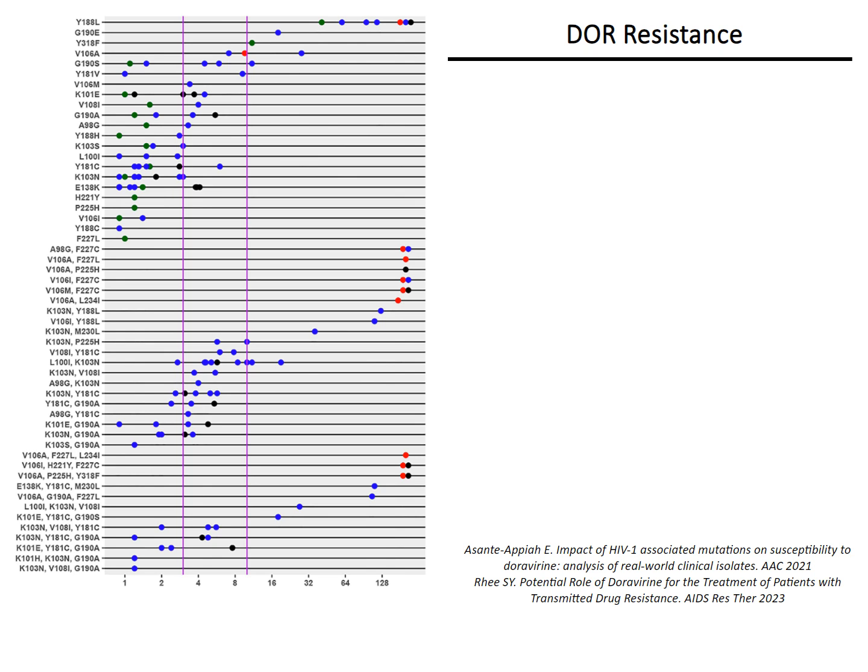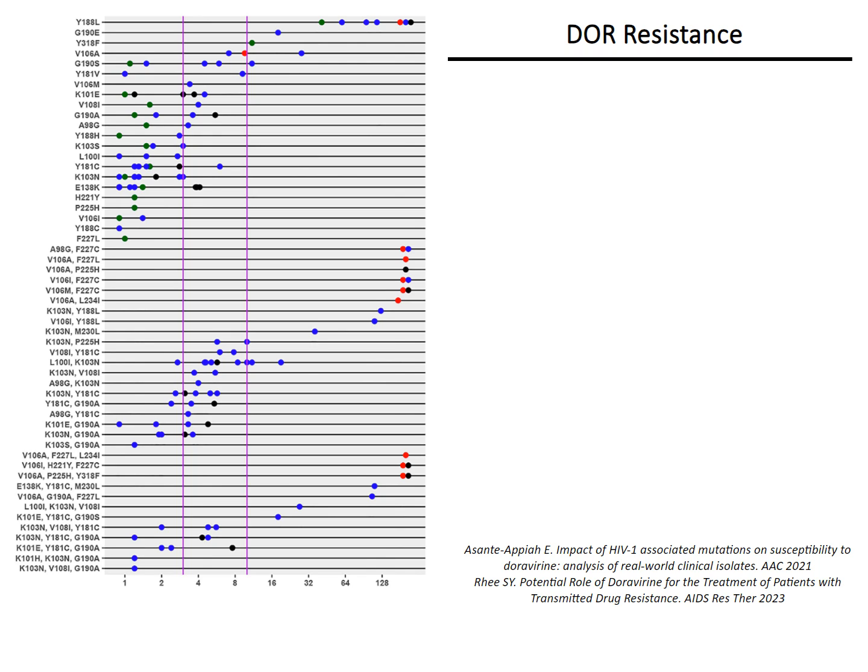There have been about 200 published Doravirine susceptibility results performed using the Monogram Biosciences PhenoSense assay or the Merck Research Lab assay, which seems to be concordant with the PhenoSense assay. This figure shows those patterns of drug resistance mutations that were present in at least one isolate undergoing susceptibility testing.